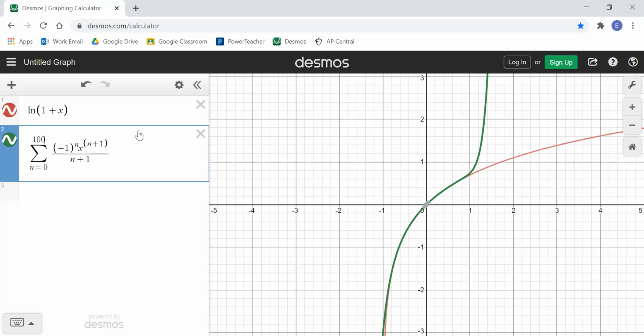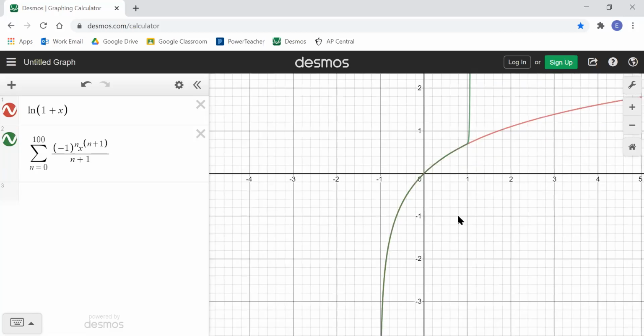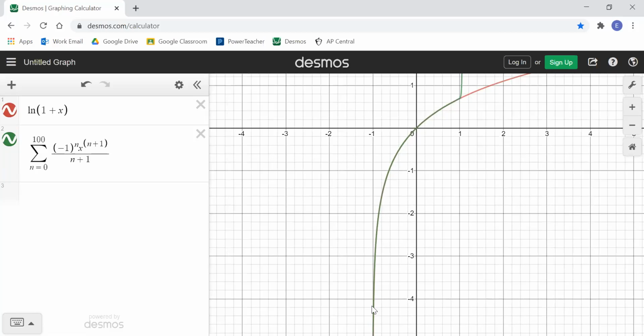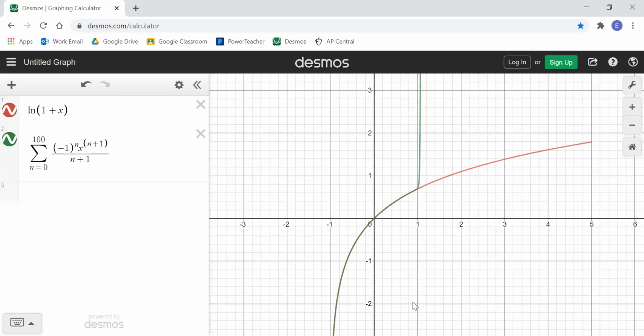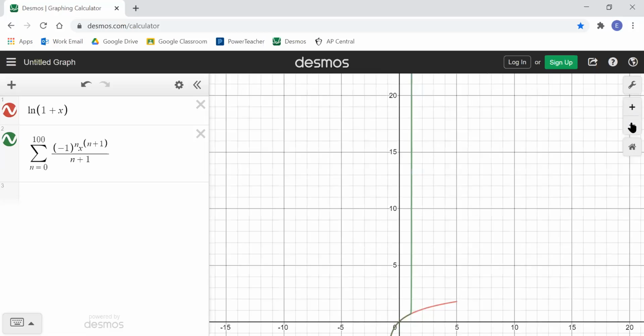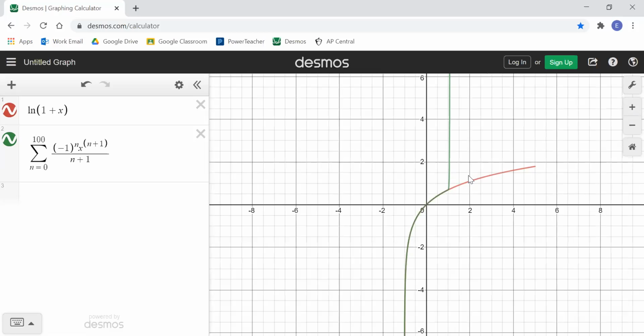100 terms on. We'll give it a second here. And we'll note that this looks really good from -1 to 1, right?